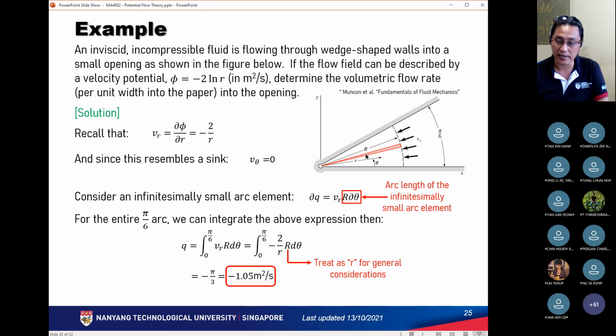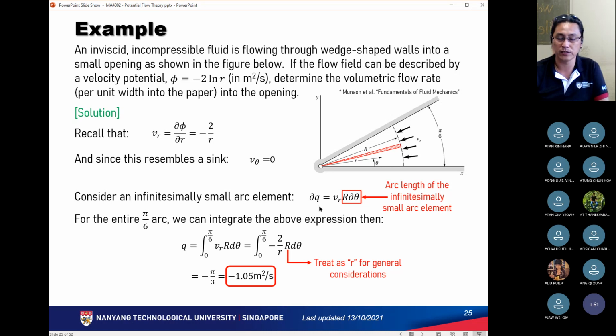Del theta is the angular extent of this tiny arc element. So think about it, R del theta is nothing but the arc length of this part here. VR multiplied by the arc length is just the 2D flow rate crossing the arc of this small element.